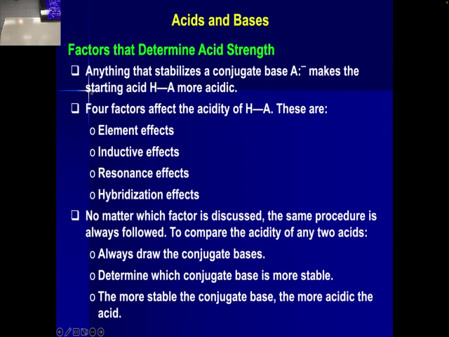So would the stabilizer count as a catalyst? Not a catalyst. A catalyst is a very special word, we don't want to use that here. Okay? This is all about thermodynamics, we're not going to get into all that. We just need to focus on the top part of it, which is anything that we can do to make this more stable, it's going to favor this. Okay? And there are 4 things that can do that. You need to know these by name. There's the element effect.